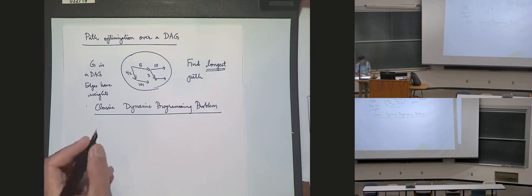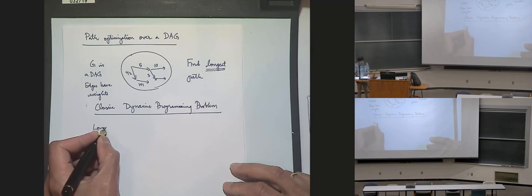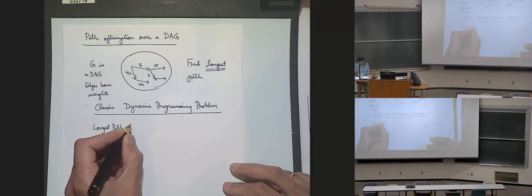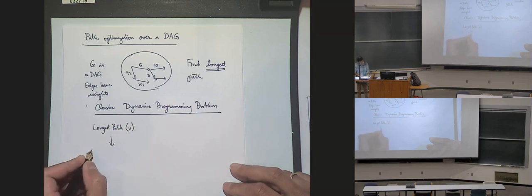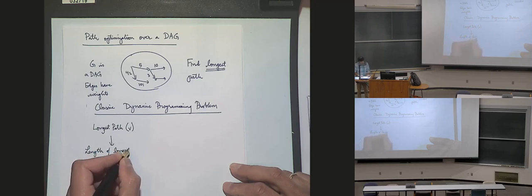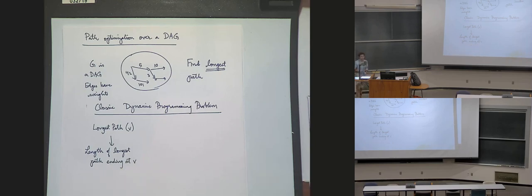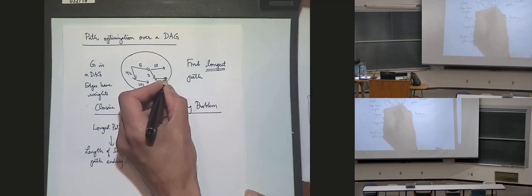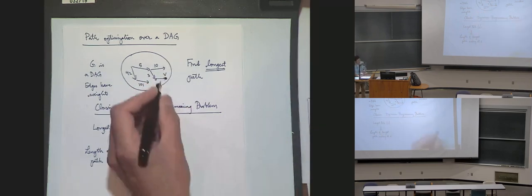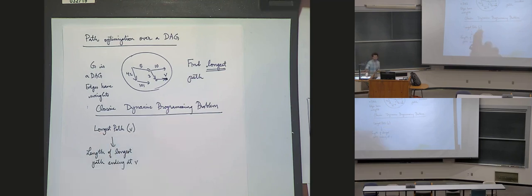One way to frame this is to say, suppose I want to compute the longest path to V, which is the length of the longest path ending at V. So let's say I have some V over here, and I want to get the longest path that ends at V. If I can compute this function, then I can just maximize over all V. Yeah?